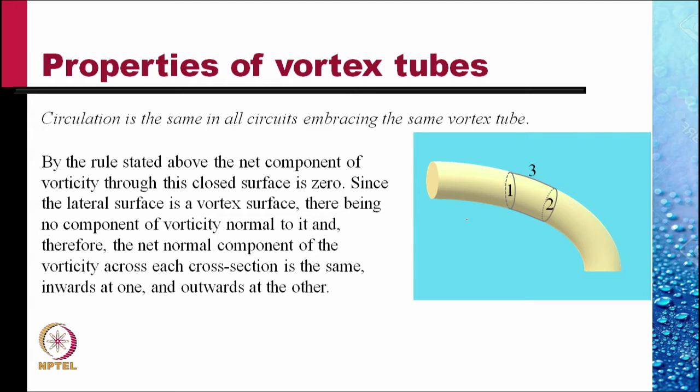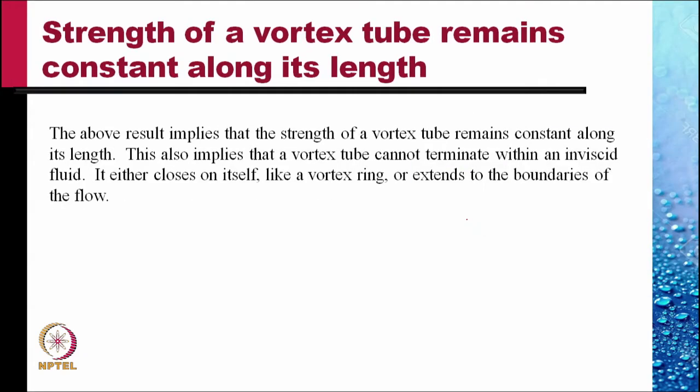Since this normal component of vorticity is the strength of the vortex tube, and the strength of the vortex tube is the circulation, the circulation is the same for all circuits embracing the same vortex tube. In other words, the strength of the vortex tube remains constant along its length.